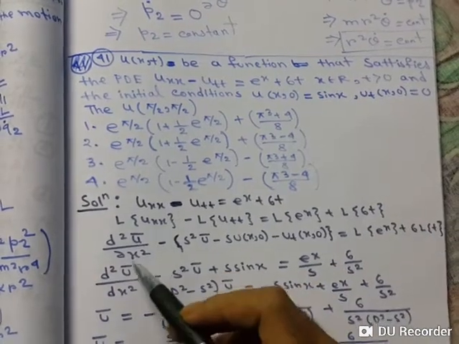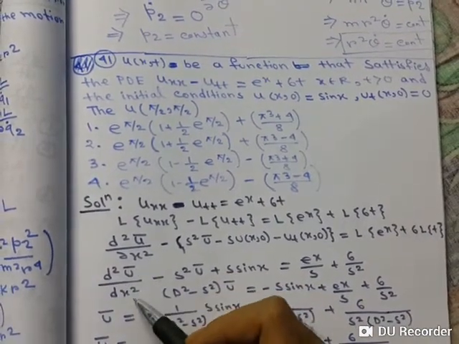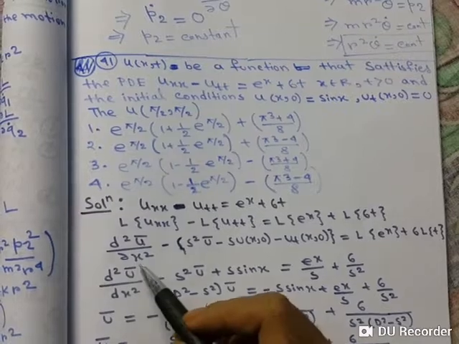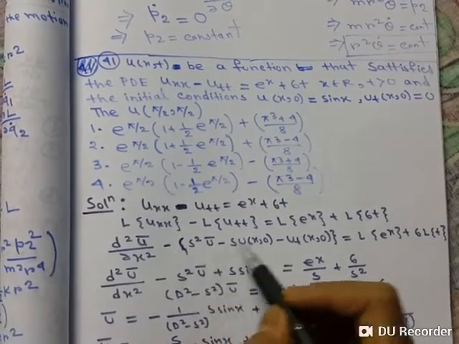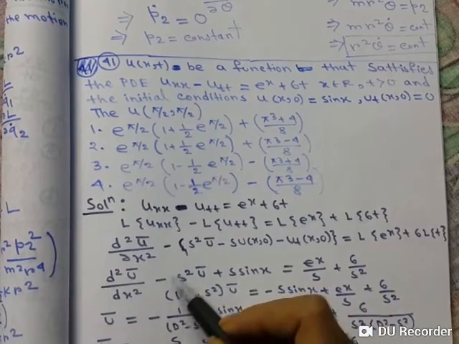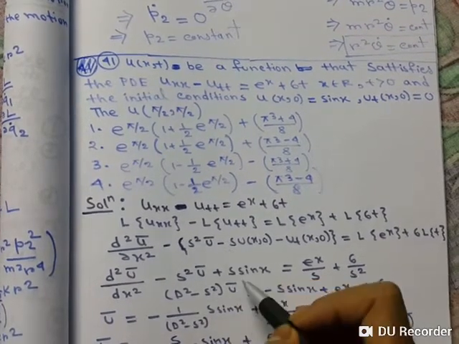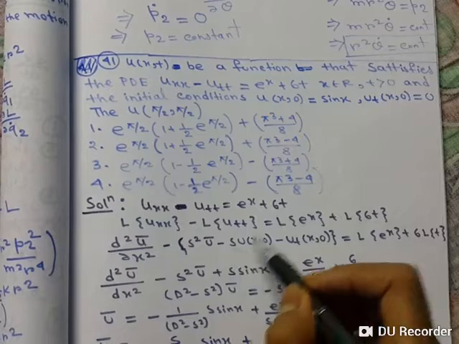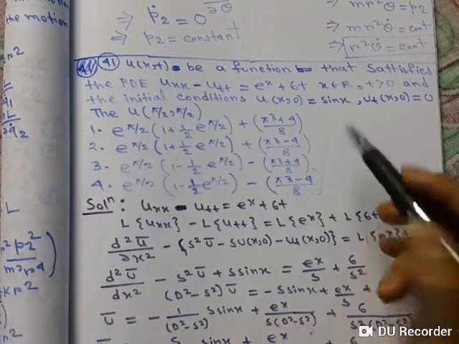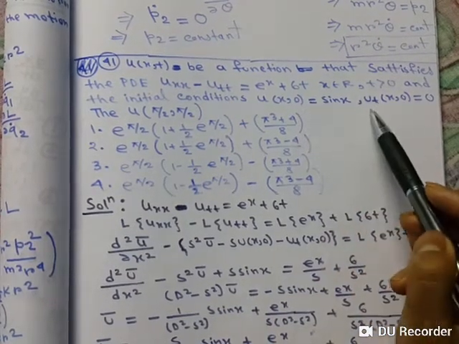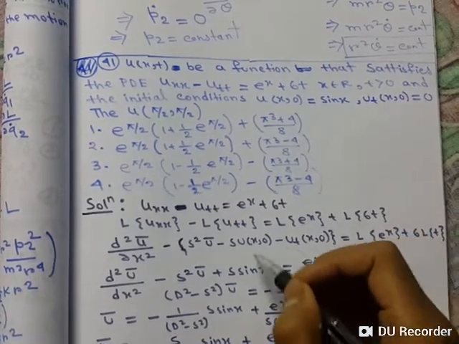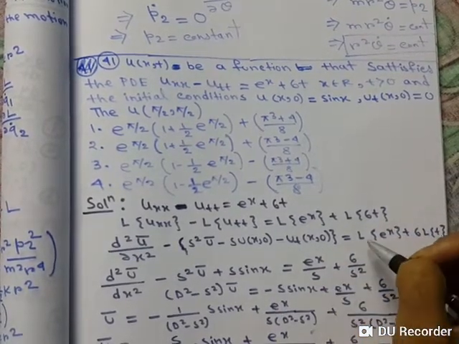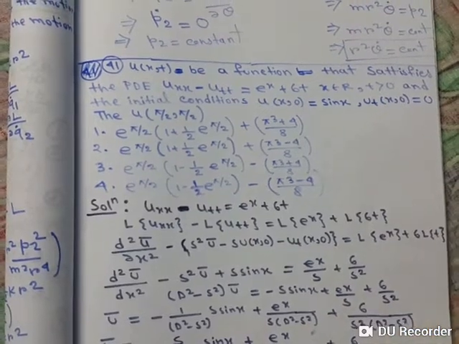Now the next line: d squared u bar by dx squared minus s squared u bar. We multiply by the minus sign, then this is plus. Given that u(x,0) equals sin x and its derivative is 0, this term vanishes.